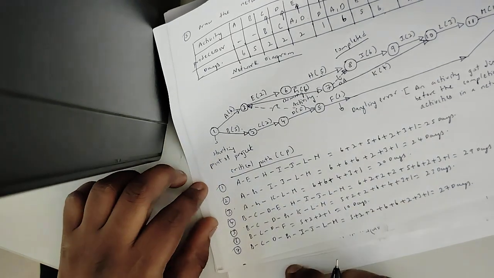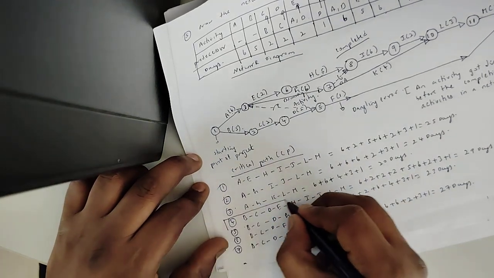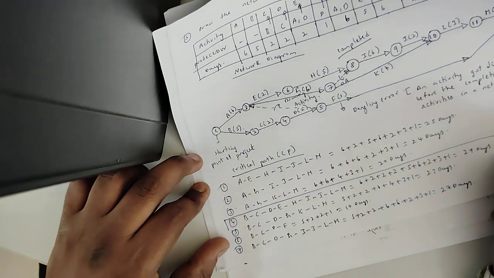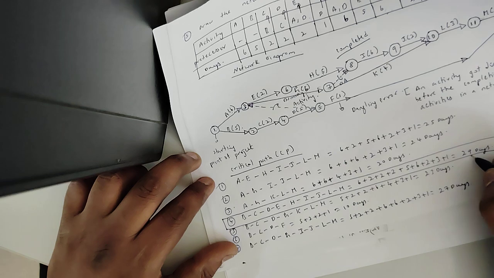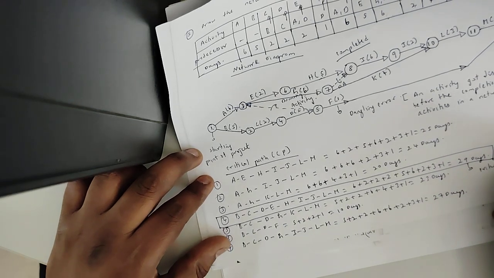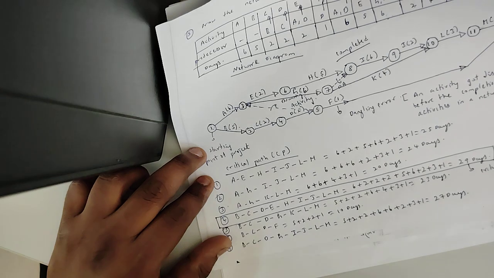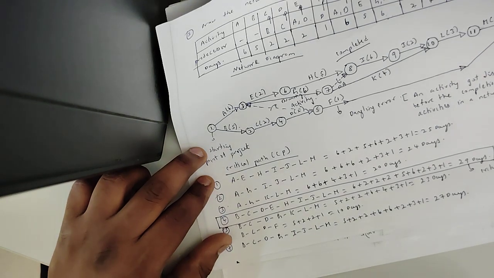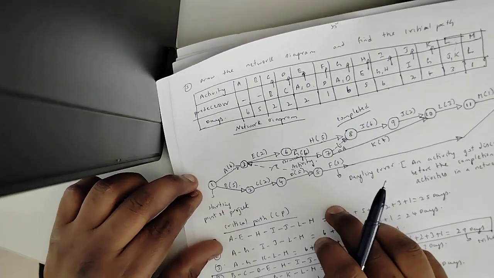So by this we can say that the fourth path has the maximum days. Is it fine? So this is the critical path, because according to the definition, okay, the maximum days, which we are getting from the network diagram.